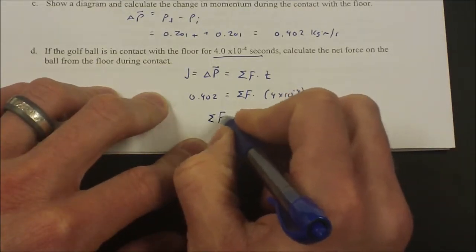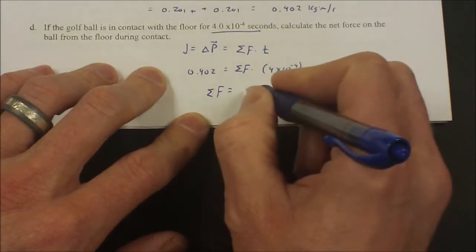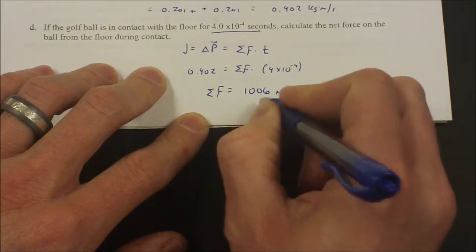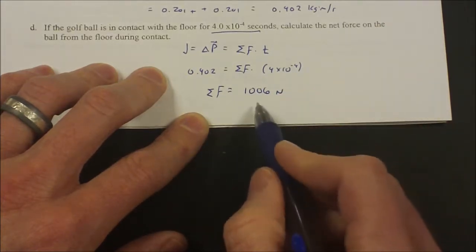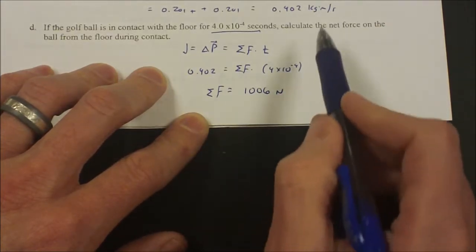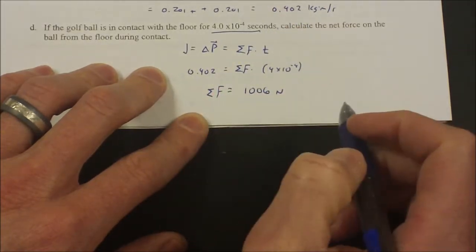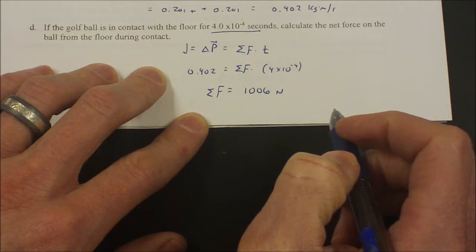I do my work, and the final answer for this worksheet is going to be a net force of right around 1,006 newtons. The number seems rather high, but keep in mind we have a very big velocity change in a very, very small amount of time. The golf ball has to be pushed very hard to make that happen.